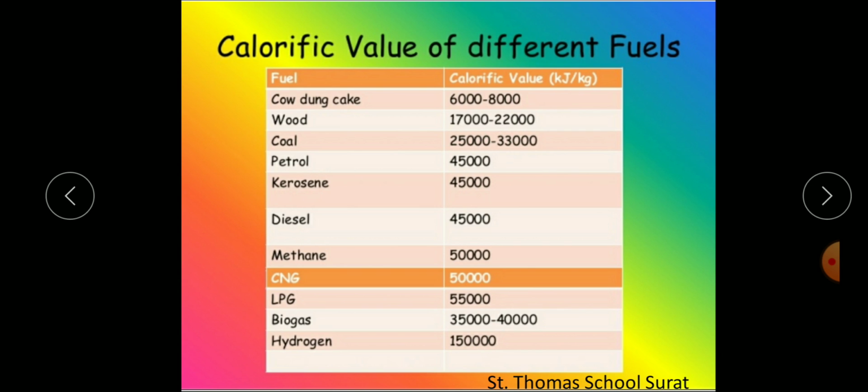Petrol, kerosene and diesel have a value of 45,000. Methane is 50,000. CNG also has 50,000. And LPG, biogas, hydrogen, like that the values go on. Understood? This is the calorific value of different fuels.